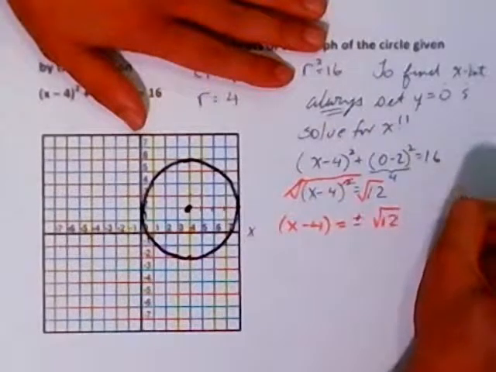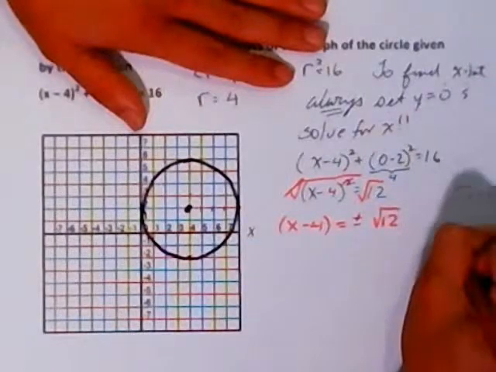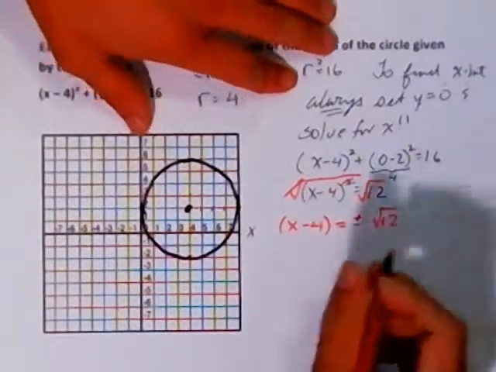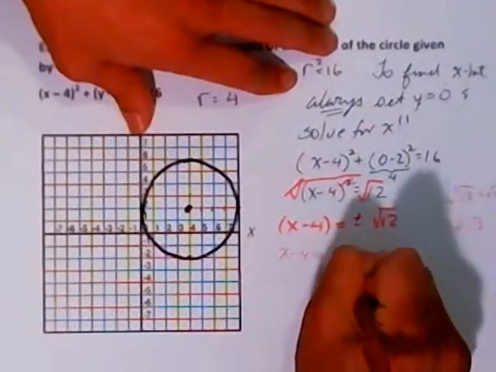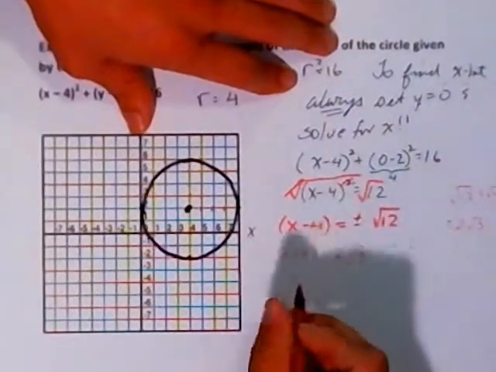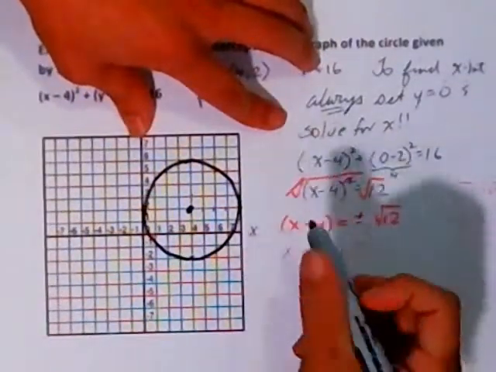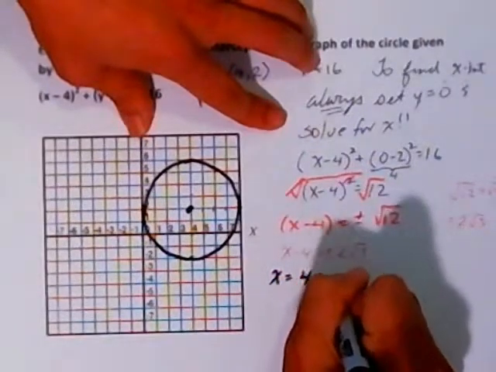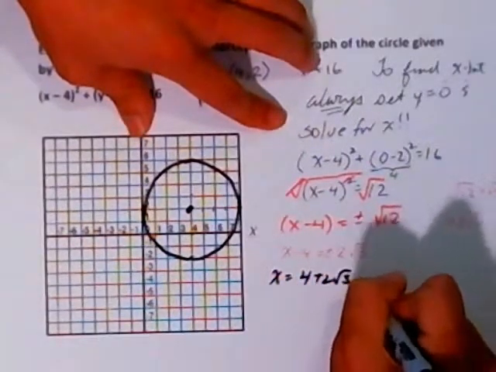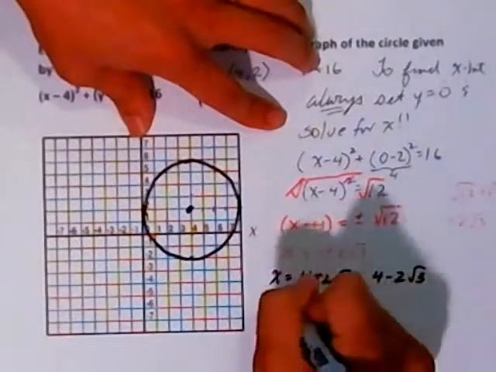Square root of 12, if you simplify that, is square root of 4 times square root of 3, which is going to be 2 radical 3. So x minus 4 is equal to plus or minus 2 radical 3. We're going to add 4 to both sides. x is equal to 4 plus 2 radical 3, or x is equal to 4 minus 2 radical 3.